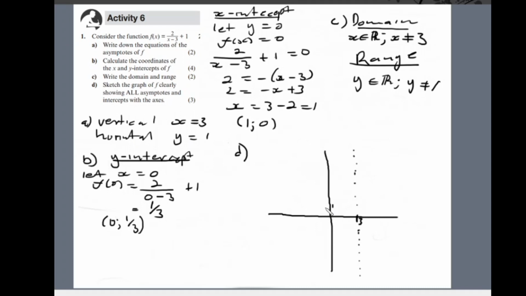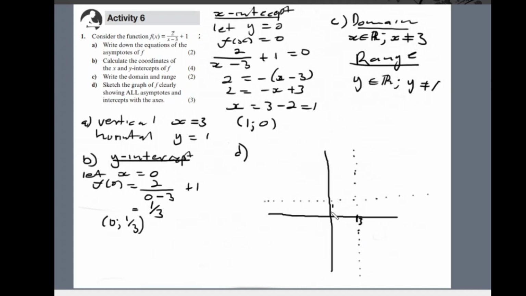Let's say this is y equals 1, and you draw your horizontal asymptote, right? And now you see that a is positive, a is 2, so we know our graph will lie in the first quadrant and the third quadrant.